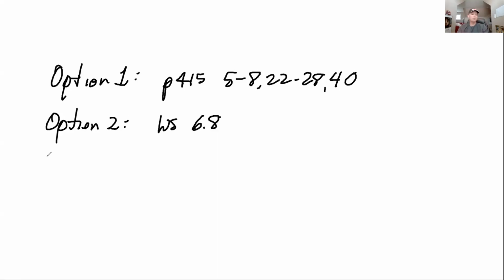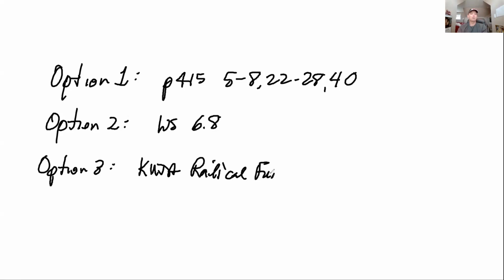You can download it if you want. And option 3 is a CUDA worksheet on radical functions. You're only going to do questions 1, 2, 5 through 8, and 11. So pick one of those, get it done. As soon as you get it done, turn it in to me, and you'll be good for the week.